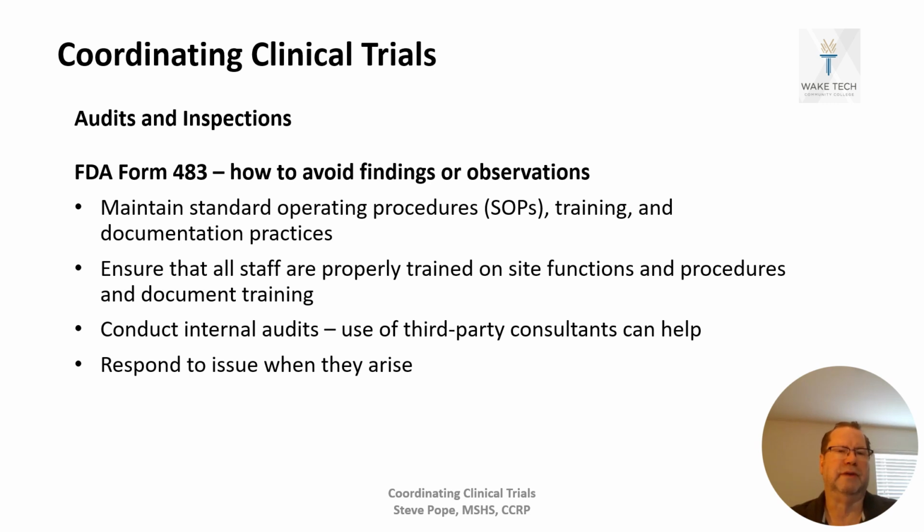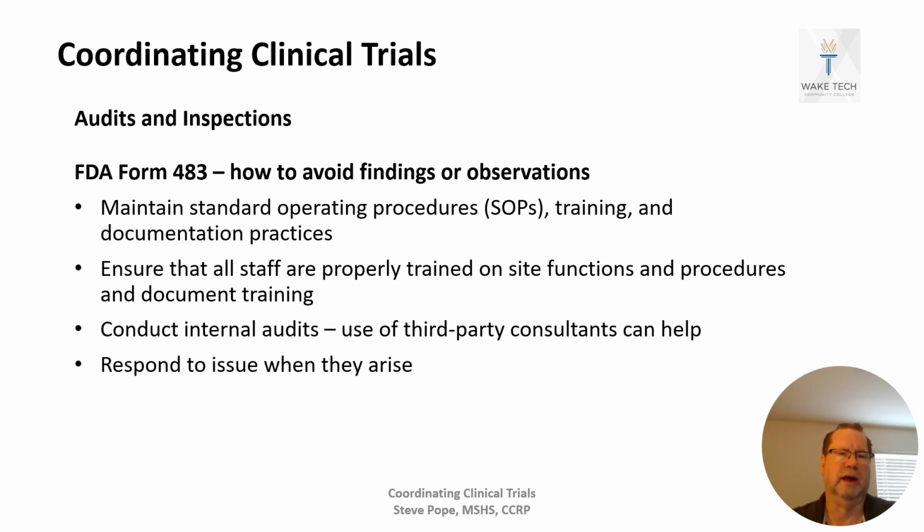So let's talk about the 43 and how to avoid findings or observations. We probably touched on most of these during the lesson, but let's reinforce some of them. First of all, maintain standard operating procedures, or SOPs, training and documentation practices. Ensure that all staff are properly trained on site functions and procedures and document the training.